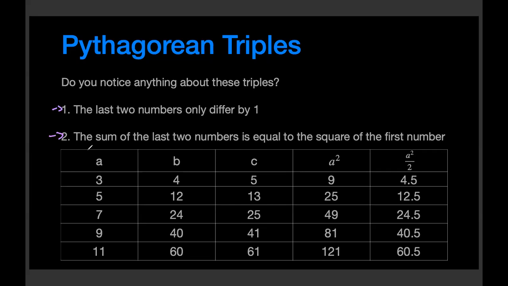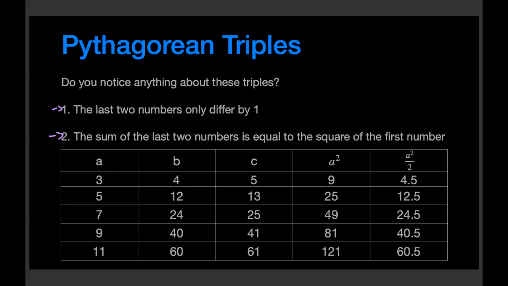Let's see. And also a square divided by 2 is between B and C. Yes.